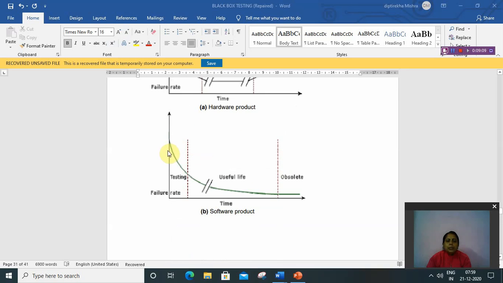But in software reliability, at the beginning the failure rate is high, and after removing the errors it gives the useful life, and in the useful life also errors are removed from the software, which makes the failure rate decrease. This is done up to when the software becomes obsolete. So this is the main difference between hardware reliability and software reliability.